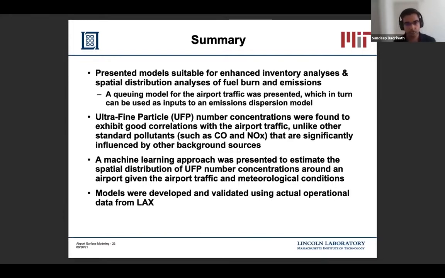So once we have a queuing model, we can estimate the wait time of aircraft at different locations. Then we can use the fuel burn indices and emissions indices to get the fuel burn and emissions at different locations on the airport surface.